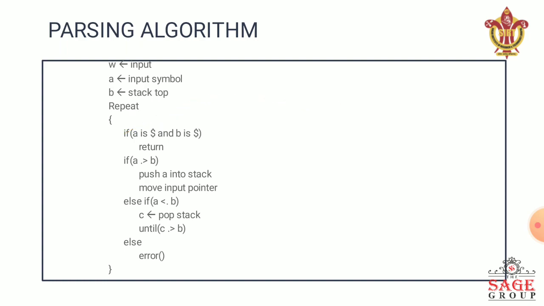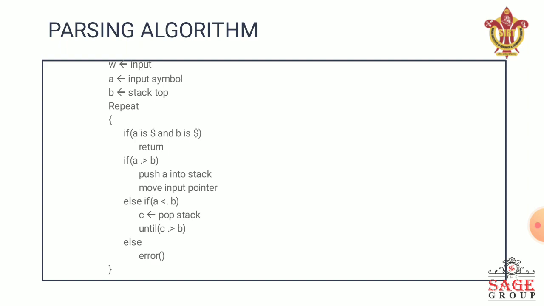If a is dollar and b is dollar, then return. It means if the input symbol and the stack top both have the same dollar value, then it's true, meaning the string is accepted. Now if a and b are related with the less than sign, then push the current input symbol a into the stack and move the input pointer one position.